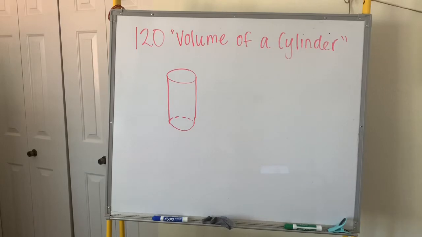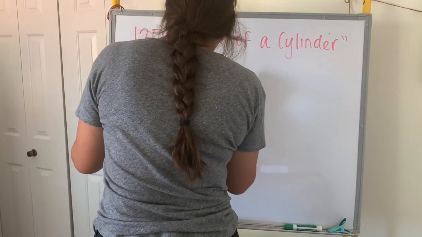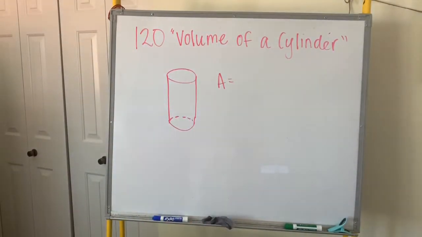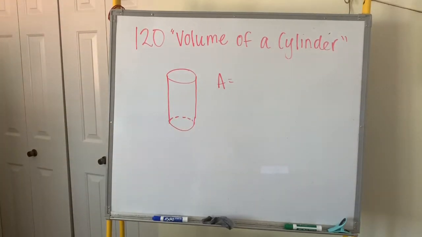And in order to find the volume of a cylinder, we are going to multiply the area of the circular face, aka the base, times the distance of the height.